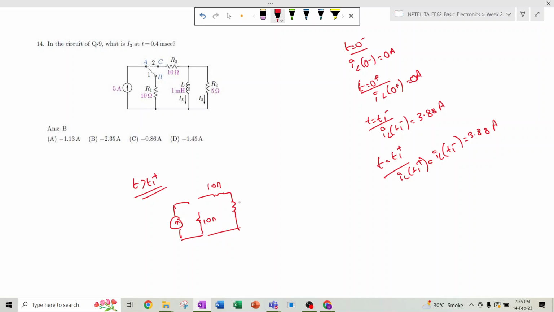Here is an inductance, that is 1 mH, and this is 5 ohm, and this part is connected to this.